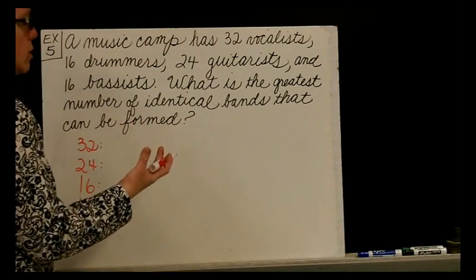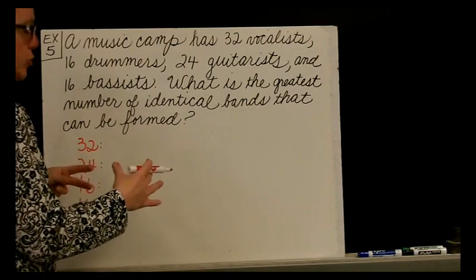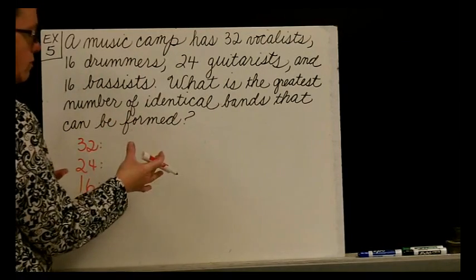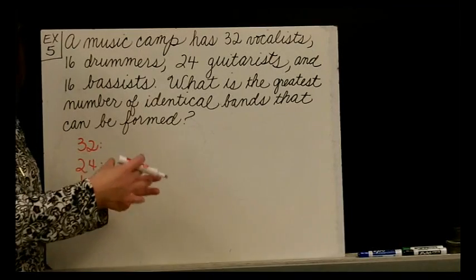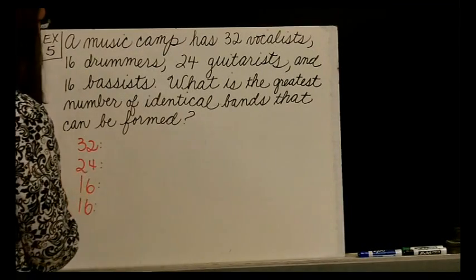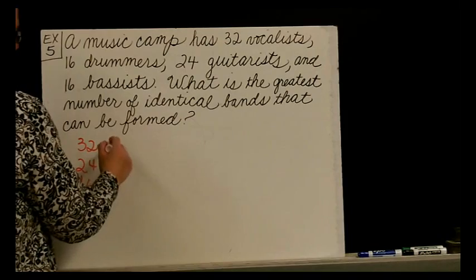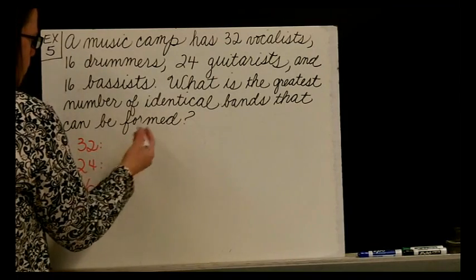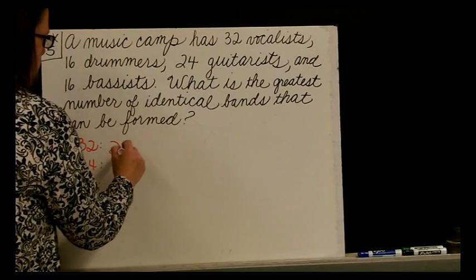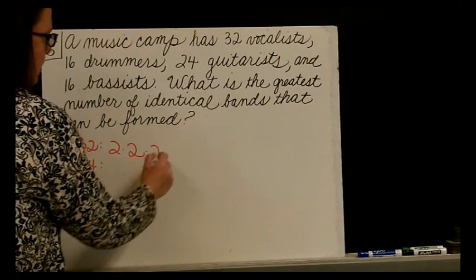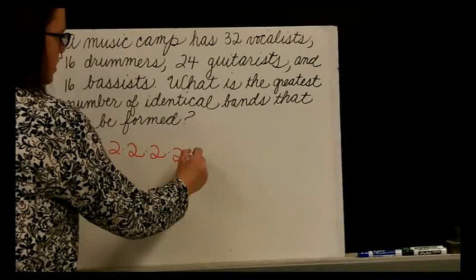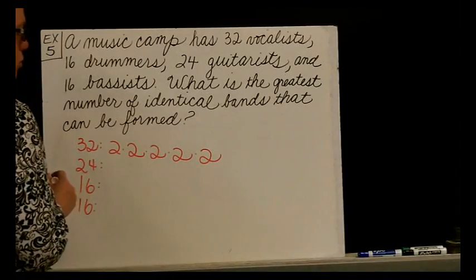Now when you do this on your own, you will make your factor trees, but because I want to save some space and because you're familiar with that process already, I want to get right to just listing the factors. 32 is found by multiplying 2 times 2, which is 4, times 2, which is 8, times 2, 16, times 2, 32.